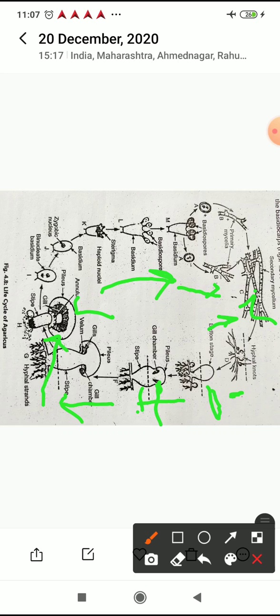Fresh mushroom contains more than 51% of protein.